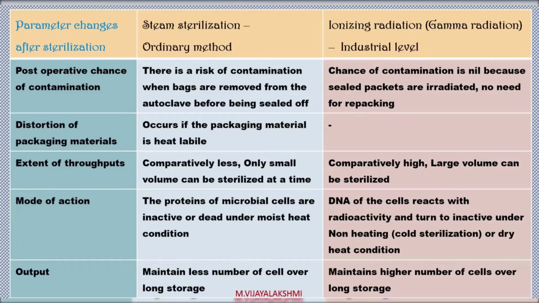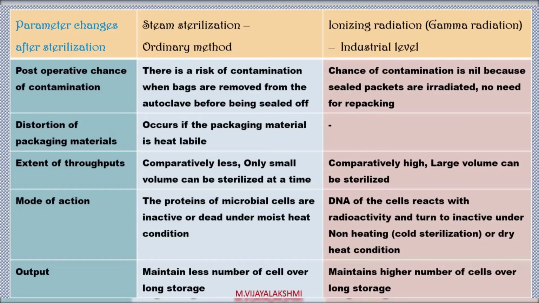In the mode of action, the proteins of the microbial cells are inactivated or die under moist heat conditions due to the process of coagulation of protein. But in ionizing radiation, the DNA of the cells reacts with the radioactive compound and then turns inactive. This is called cold sterilization, unlike the dry heat sterilization process.